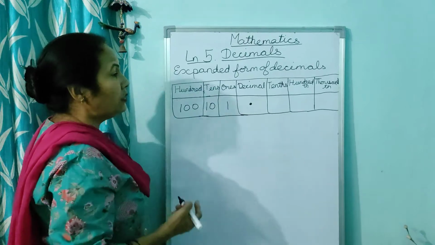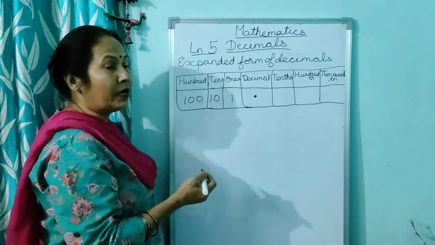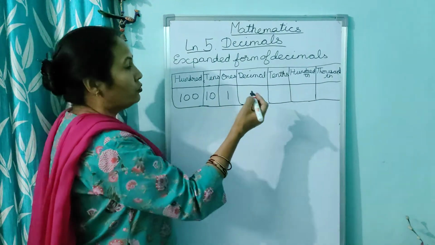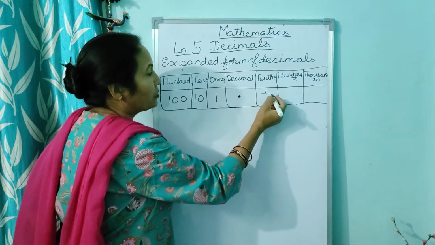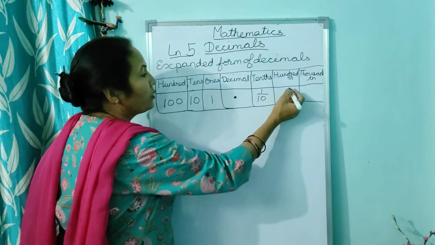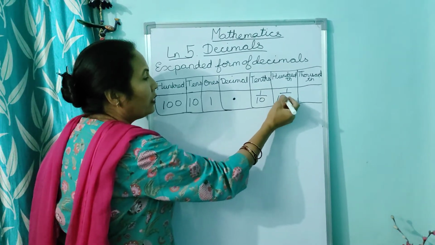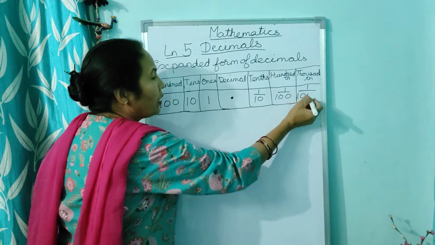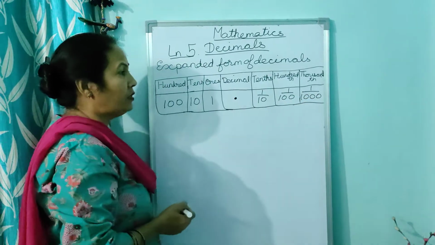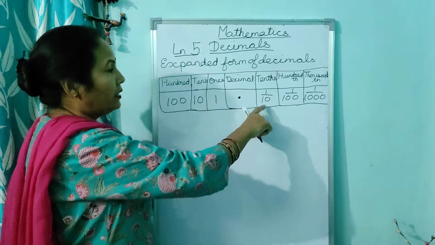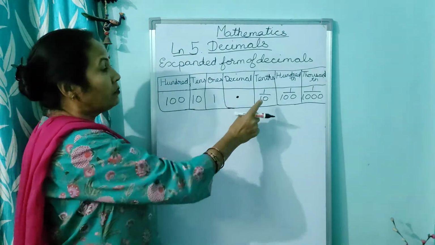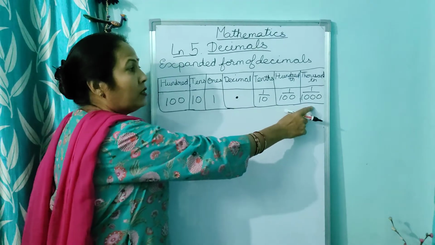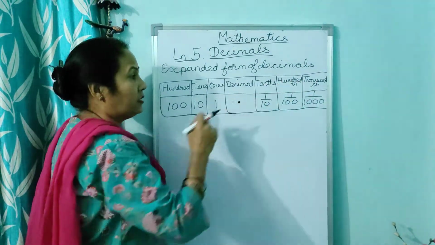After the decimal you have the decimal part, which is the tenth part of the whole number. So you write here 1 upon 10, 1 upon 100 and 1 upon 1000. Children, this is also read and written as 1/10th, 1/100th and 1/1000th, as it is written here.